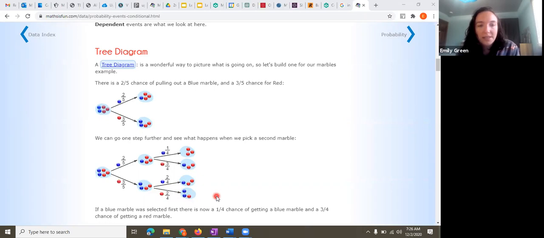So that can help you see the changes in the events. So for this example, there's event 1, which is picking the first marble, and then event 2, which is picking the second marble. And the second event is dependent on what happened the first time because the probabilities change depending on which marble color you picked at first.